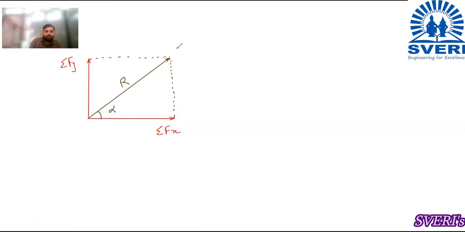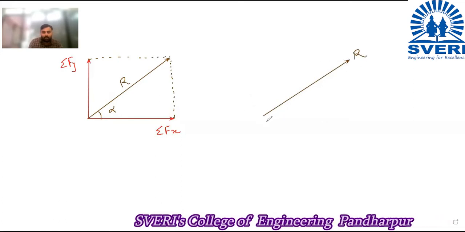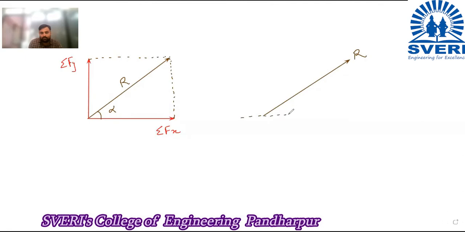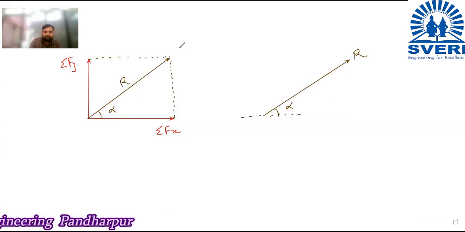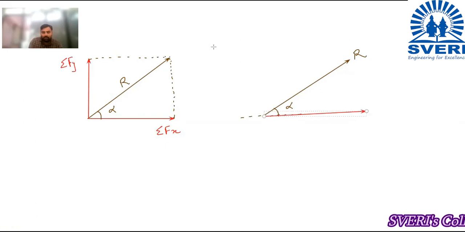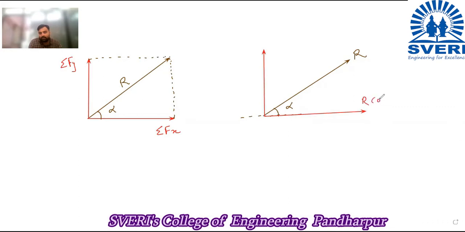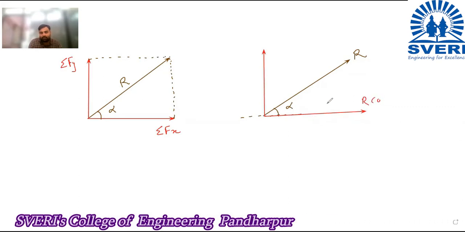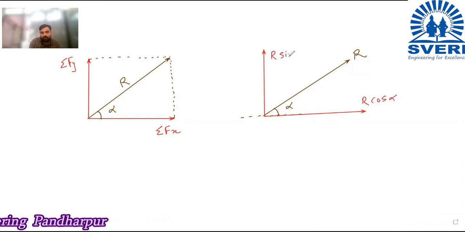In other words, if this is the resultant R, making an angle of alpha with horizontal, then we can resolve this from the point of contact. One component is parallel to X, another component is parallel to Y. If this angle is alpha, then this will be R cos alpha, and this is R sin alpha.